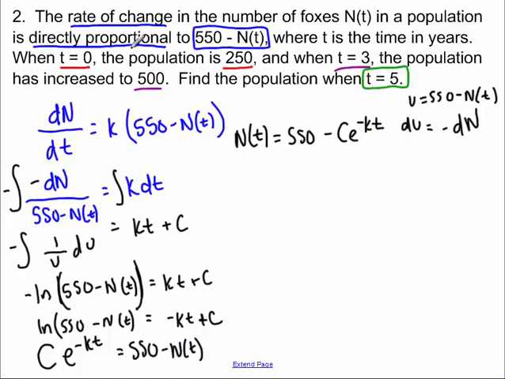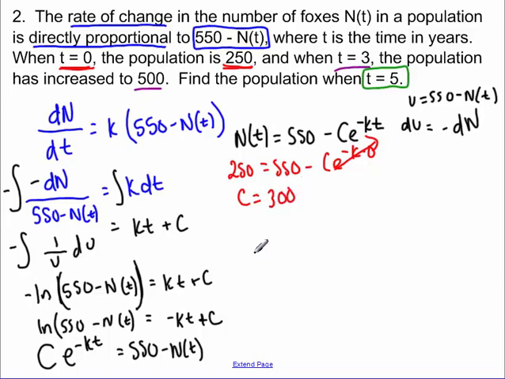Now what I recommend you do, plug in t equals 0 and 250. So 250 is equal to 550 minus c e to the negative k times 0. Remember, that goes to 1. Solving for c, we get 300.